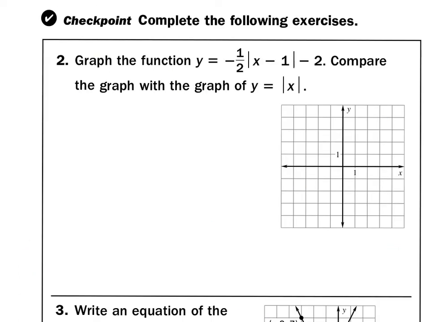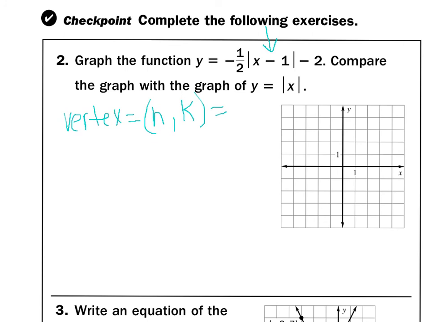Checkpoint. Complete the following exercises. Graph this function. Okay, first pull out your h and k to find your vertex. So your vertex will be the ordered pair h, k. You need to make sure that your signs are right. So is this sign right?